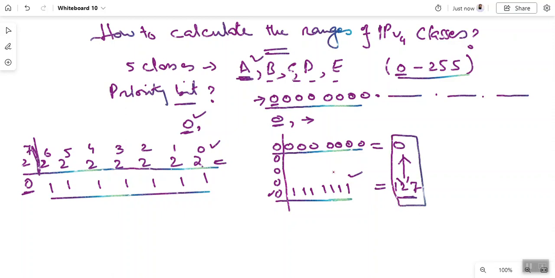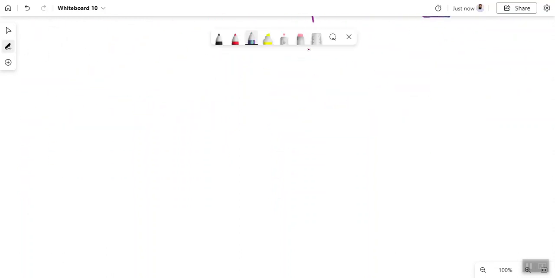Understand? Now when we are talking about class B, what is the class B IP address range? For class B, we have 2 priority bits, that is 1 0.